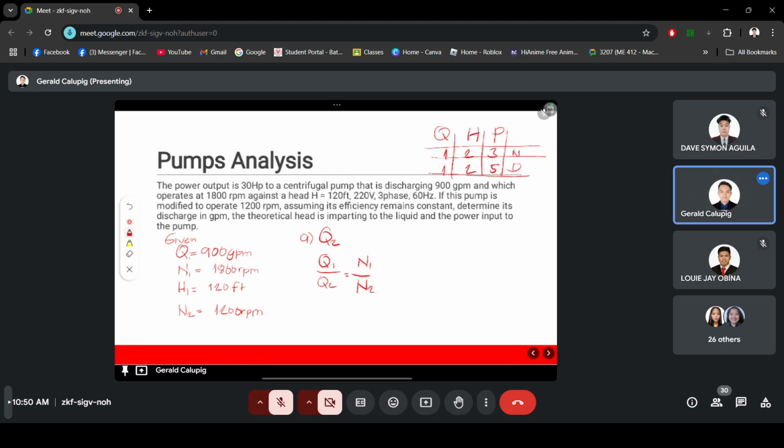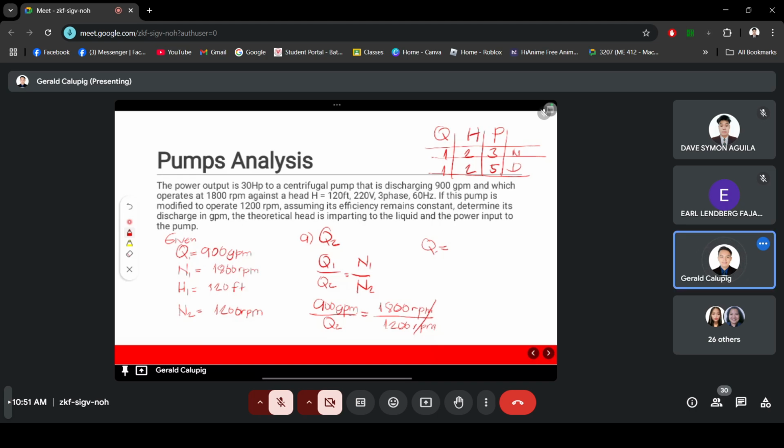So our Q1 is 900 GPM over Q2 is equal to 1,800 RPM over 1,200 RPM. That is 1.5. We can have Q2 is equal to what? What is our Q2, po? 600 GPM. Thank you.